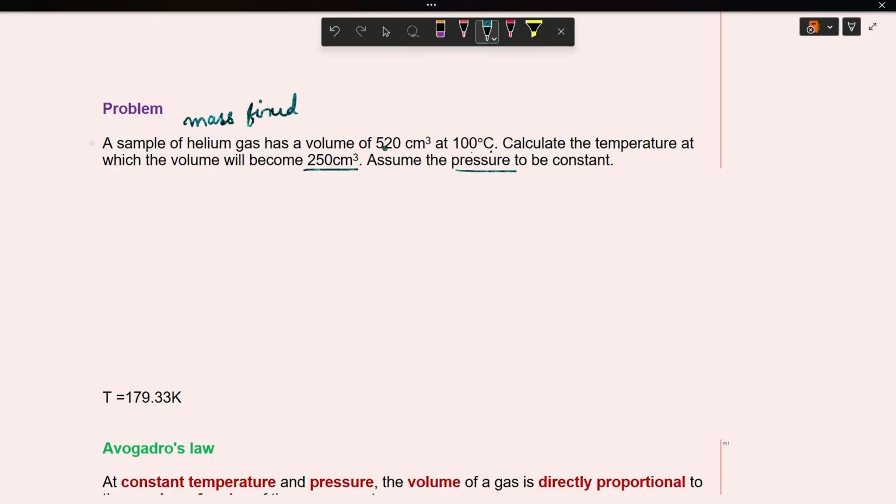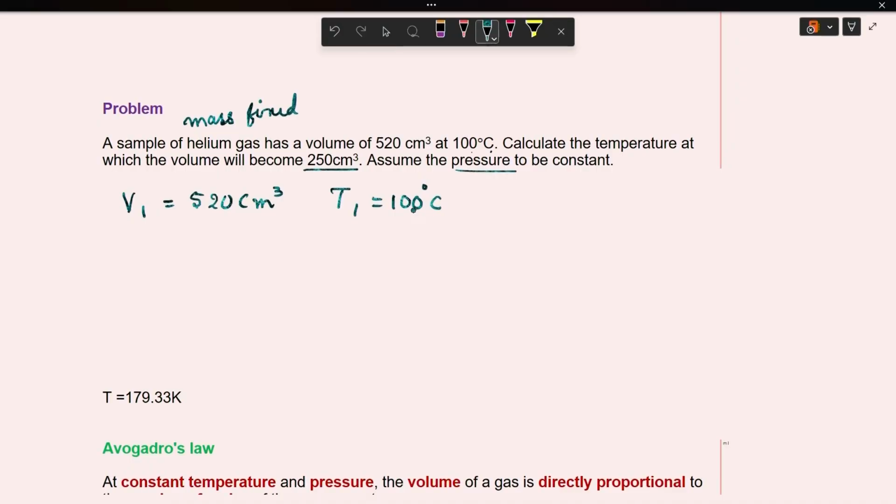Now, this has got a volume of 520 centimeter cube and the temperature is 100 degrees Celsius. So, I am going to put this as V1 equal to 520 centimeter cube. What is the temperature? The corresponding temperature T1 is equal to 100 degrees Celsius, and you have to remember that in any calculations in chemistry, we will be using temperature in the Kelvin scale.